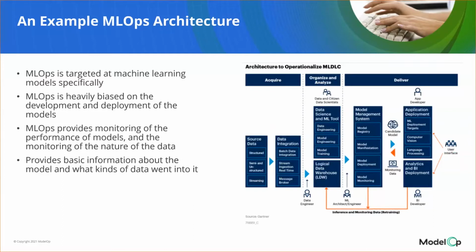It's heavily biased toward the front end, because it's targeted at data scientists and helping them train their models and get their models in place. So what you'll see with MLOps solutions is that they're very low level, with lots of experimentation and lots of tuning, which is a very important process.